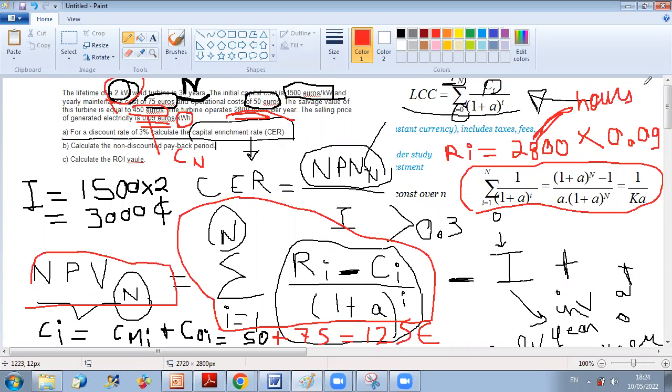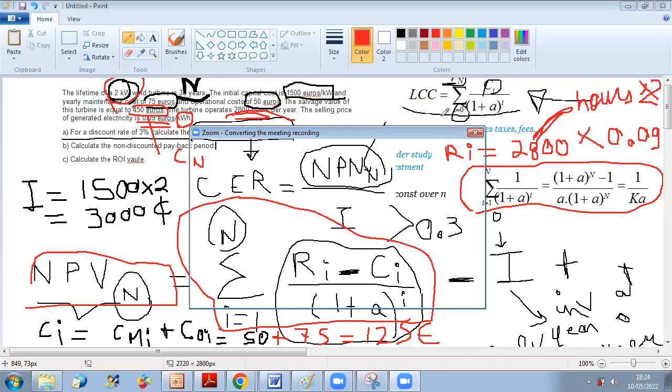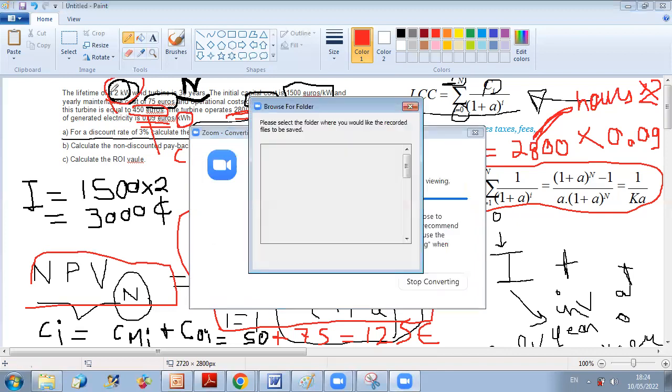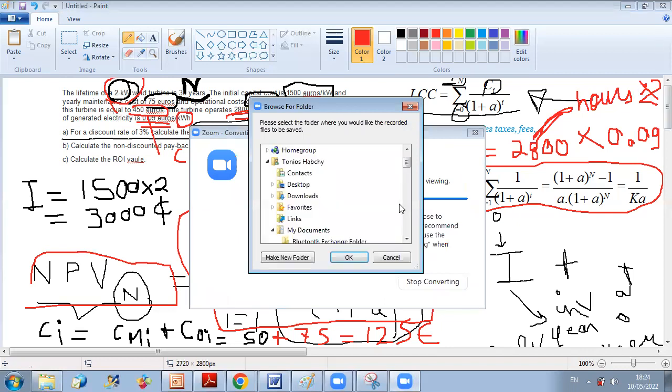Then to get the number of kilowatt hours, we should multiply by the power of the turbine, which is 2. In case they gave me directly the number of kilowatt hours of the turbine, then I use it directly. Here, because they gave me the time and I know the power, I get the number of kilowatt hours produced. So yes, you should multiply by 2 here.